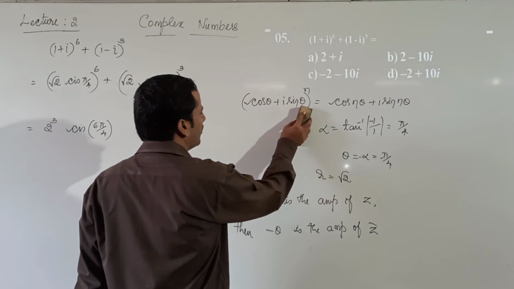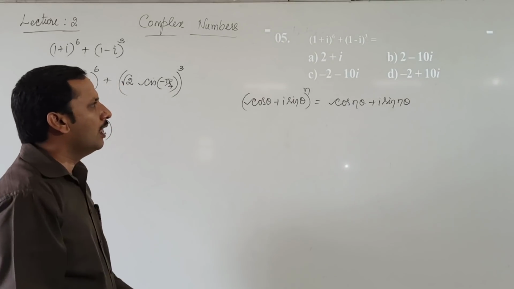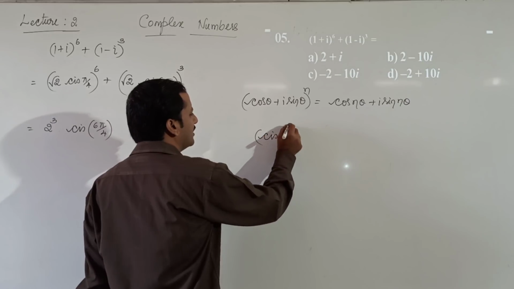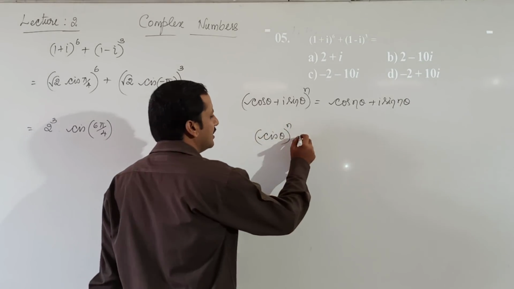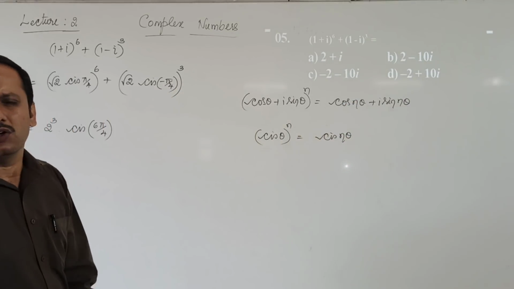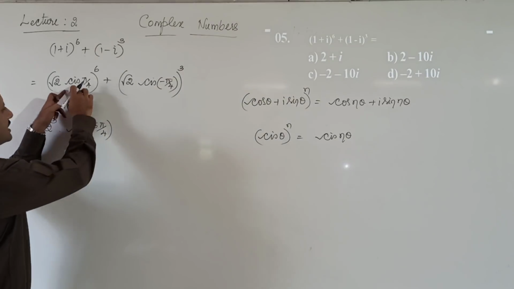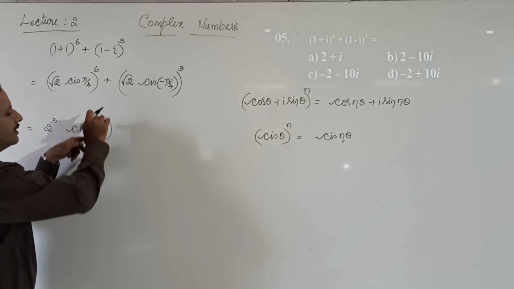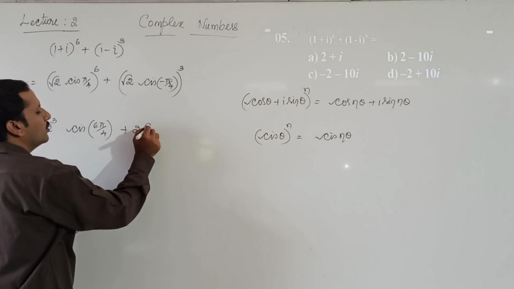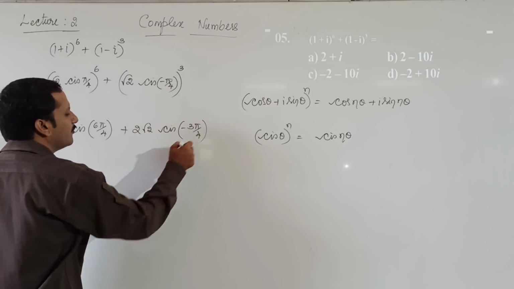Now, in short form we write cos theta plus i sin theta as cis theta, so cis theta whole power n is cis n theta. Cos n theta plus i sin n theta is nothing but cis n theta. So root 2 whole cube, that will be 2 root 2 into cis of minus 3 pi by 4.